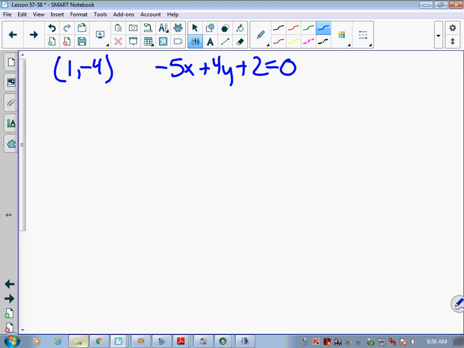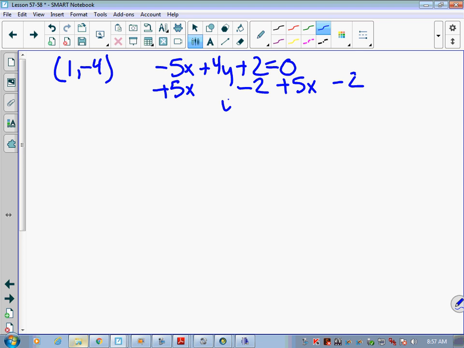The x's and the constant, because we want this in slope-intercept form. So how do I move that negative 5x over? Add it. And how do I move the 2 over? Subtract it.